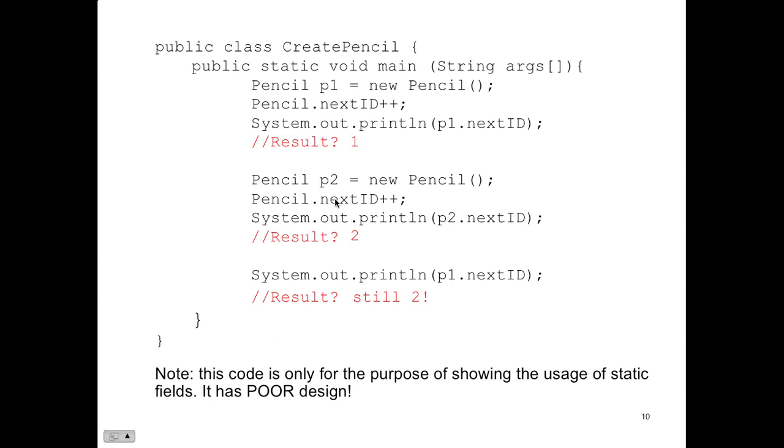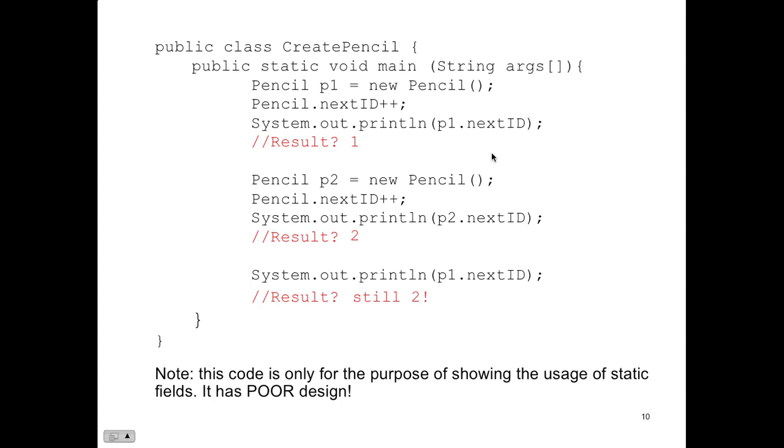Here it's going to say, well, this is a static variable. So it's nextID of Pencil, but everybody has it. Everybody has the privilege of looking at it. So they're all going to have the same value of whatever the last person who changed it set it to. They're all updated automatically. So in this particular case, we're keeping track of IDs of pencils.